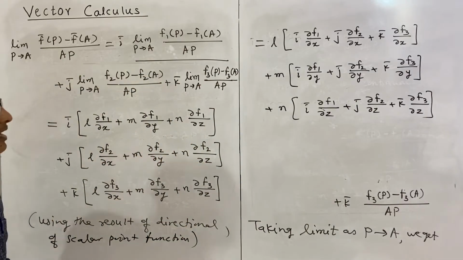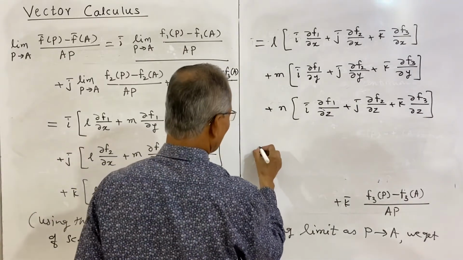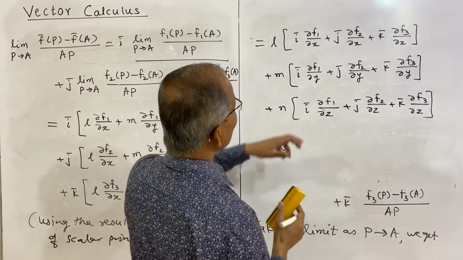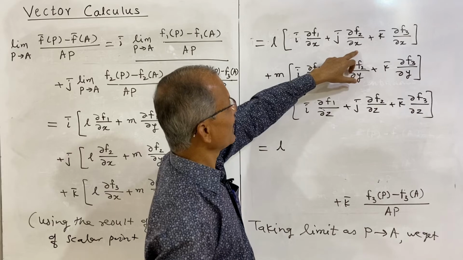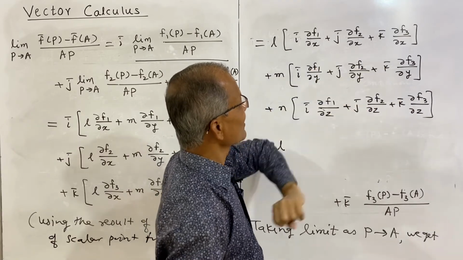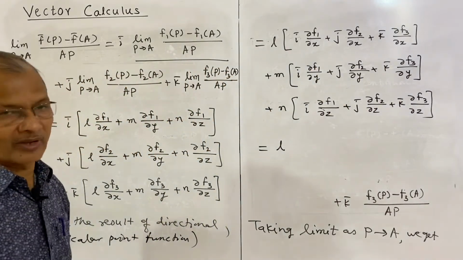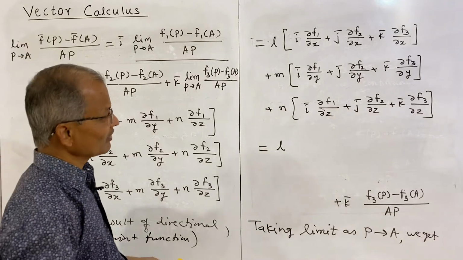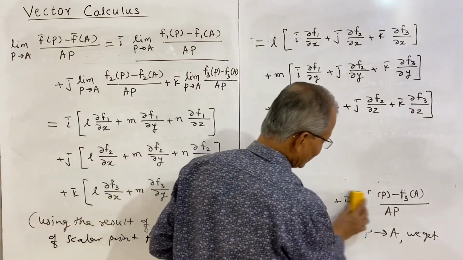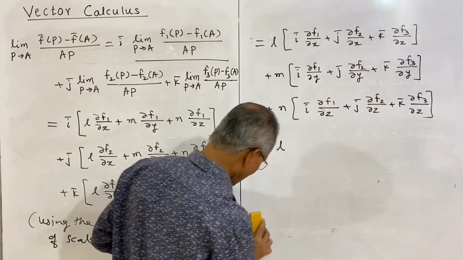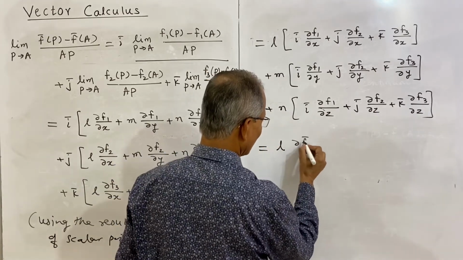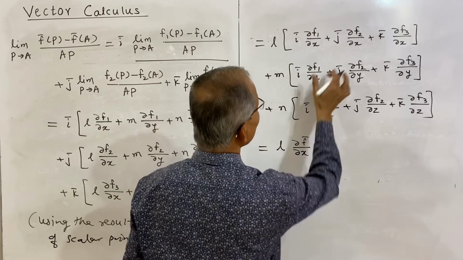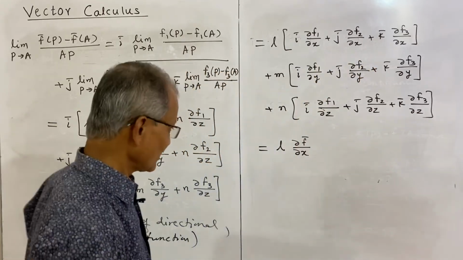We have added this. And what is the first expression, l? So this i ∂f1/∂x plus j ∂f2/∂x and plus k ∂f3/∂x is the partial derivative of f bar with respect to x, and that is l ∂f̄/∂x. How is it?